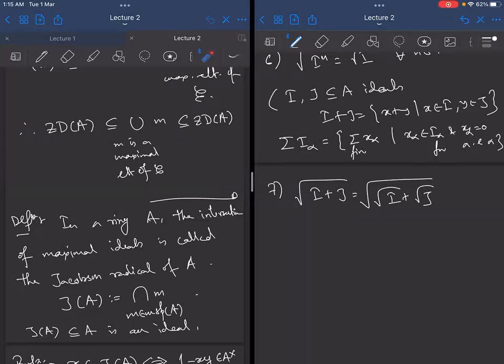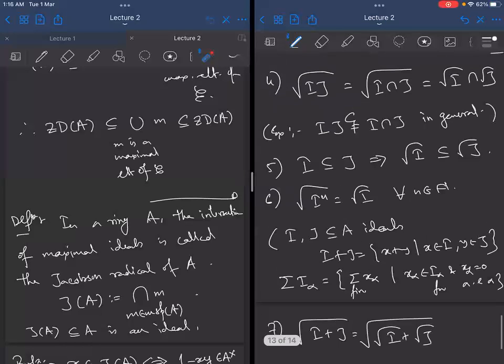You take the power, let's say l plus k. Then y plus z raised to that power will just break into terms of I and terms of J. And thus this x power l plus k will be inside I plus J. Thus it belongs to the radical of I plus J. So this is also done.